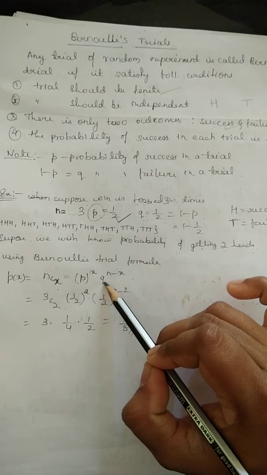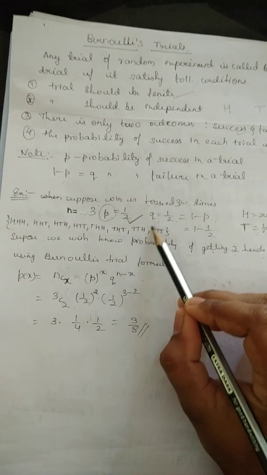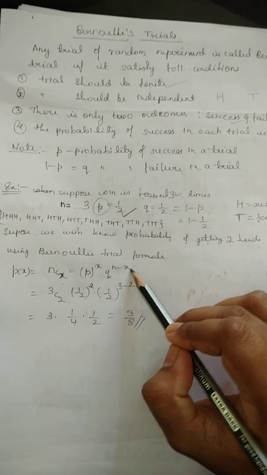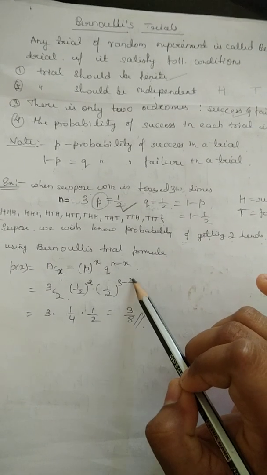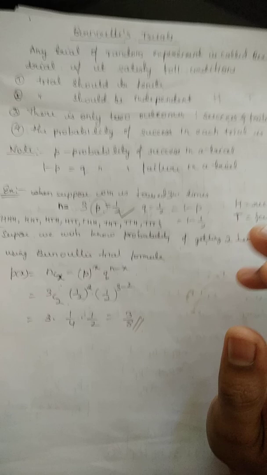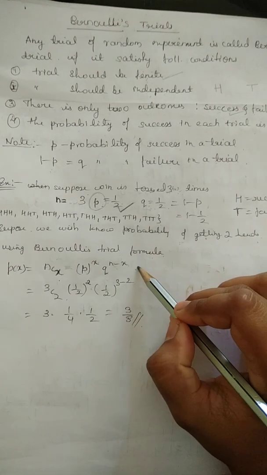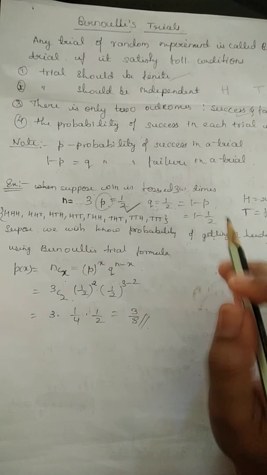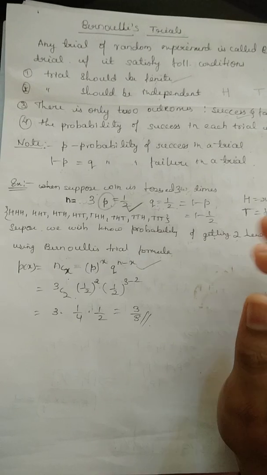Q is the failure, the probability of getting a failure in each trial. And n minus x means the number of trials minus 2 heads, that is n minus 2. So this is the Bernoulli's trial formula. This is also known as the binomial distribution, because it is the expansion of the binomial theorem.